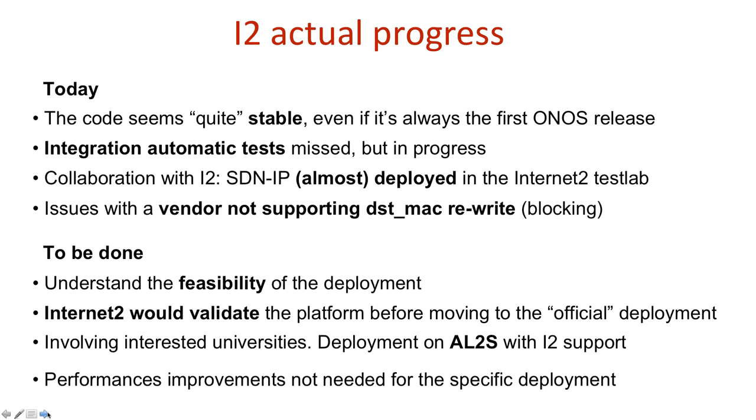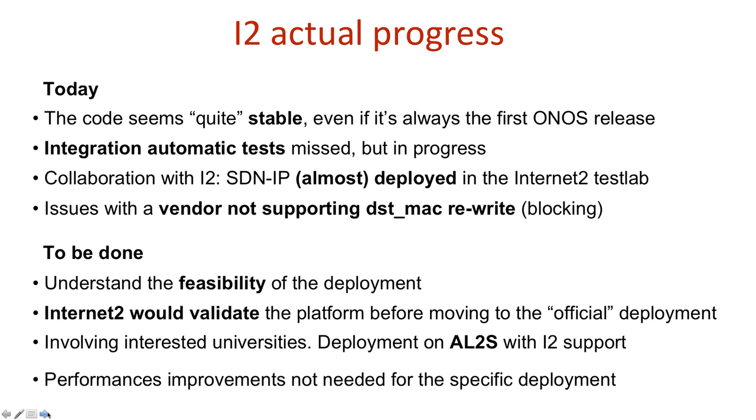So I think it's a good occasion for the vendor to insert it in its feature set. The very first thing we are doing now is to understand the real feasibility of the deployment given this issue. Then we will validate the software, and then, if all this happens, we will go to the real deployment on the AL2S network, which is the production network of Internet2.